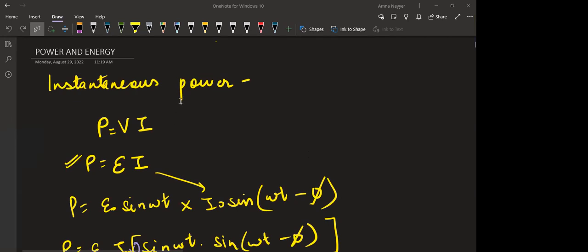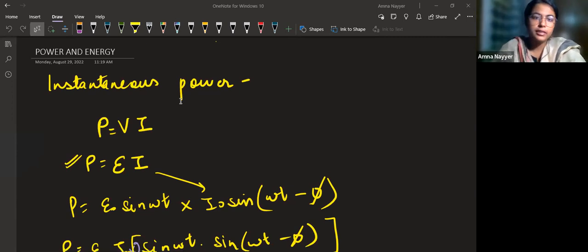Yes, miss. Okay. So yes, class, in the last class, we had started with instantaneous power. Basically, power and energy we were completing. We had seen the formula for power. Now, the formula for power basically involves what? Your ERMS, IRMS, and cos phi.